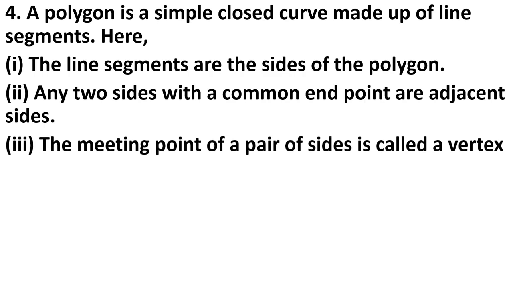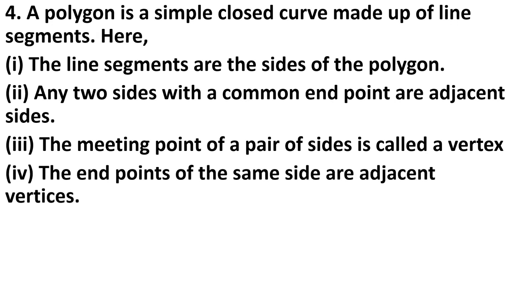The meeting point of a pair of sides is called a vertex, and that common point is called the vertex. The end points of the same side are adjacent vertices. You can take any one side, and on one side there are two vertices, two endpoints.